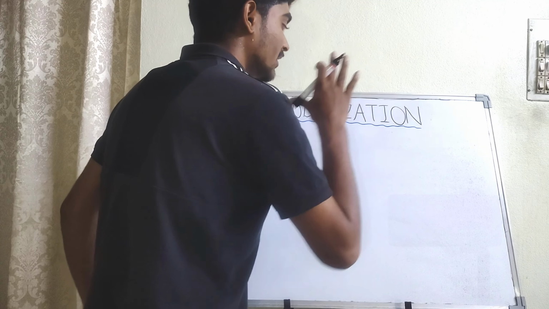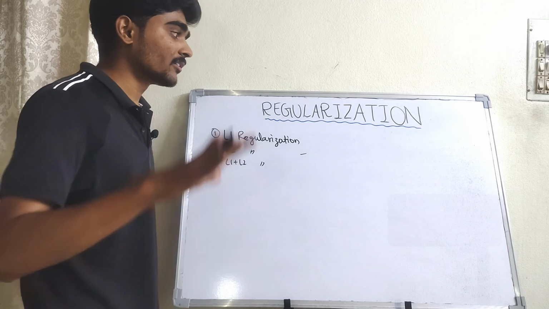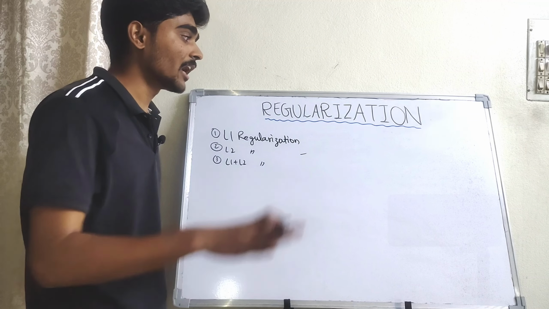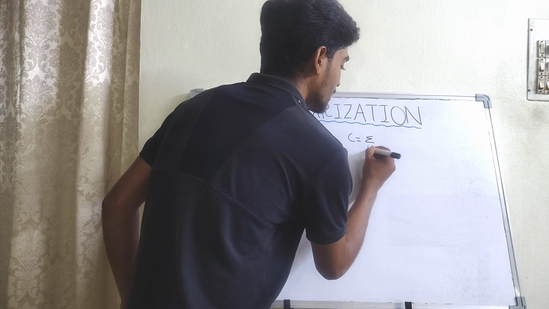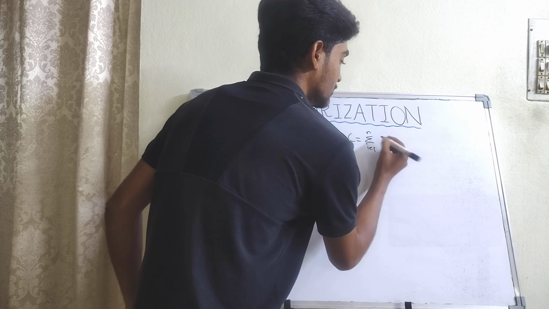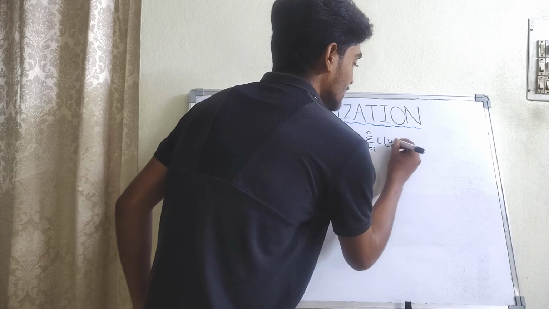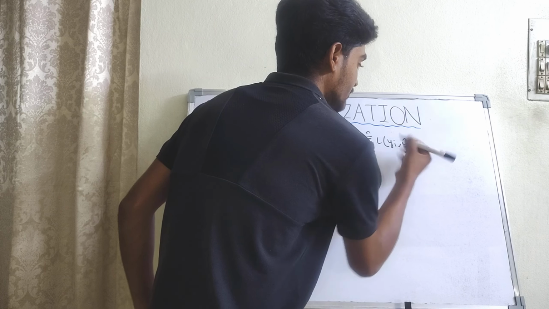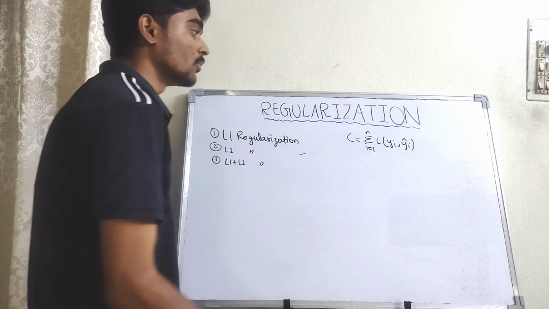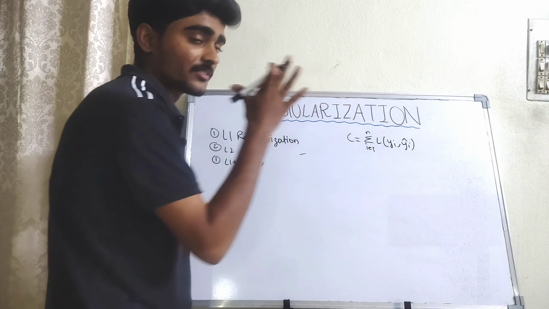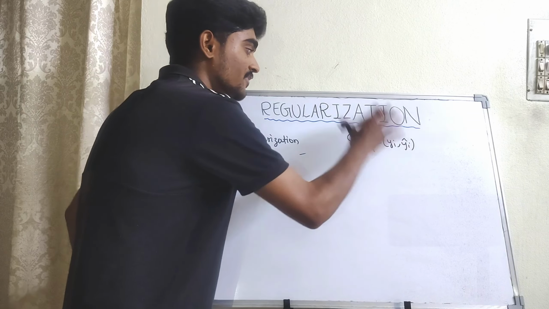Let me consider an artificial neural network. For that artificial neural network, I'll have one cost function. I denote my cost function as summation of i equal to 1 to n, loss of yi comma yi hat. This is my cost function. Now the regularization is applied on this cost function.